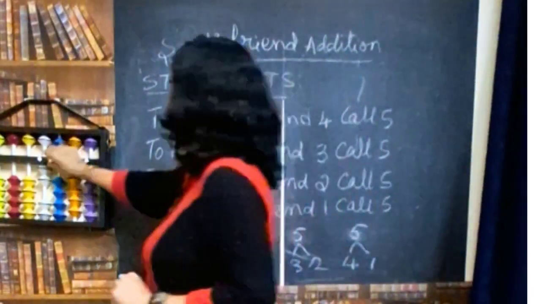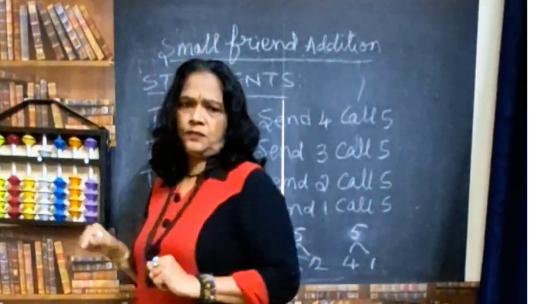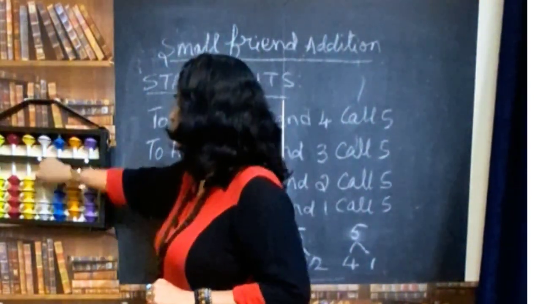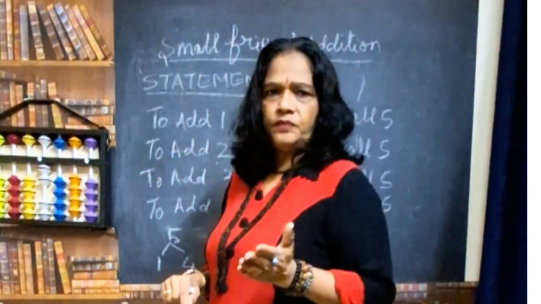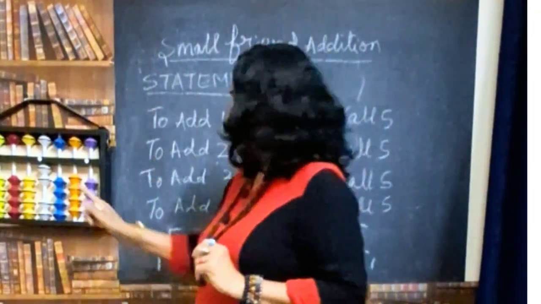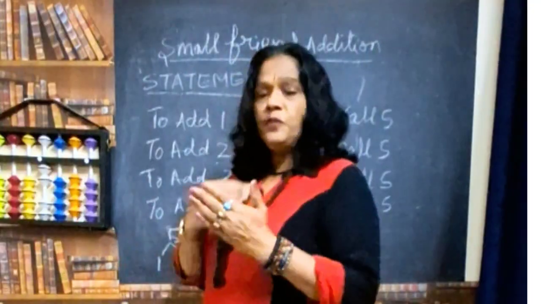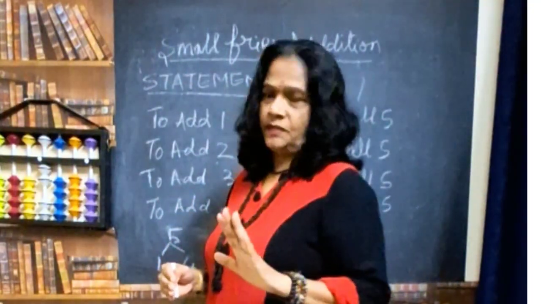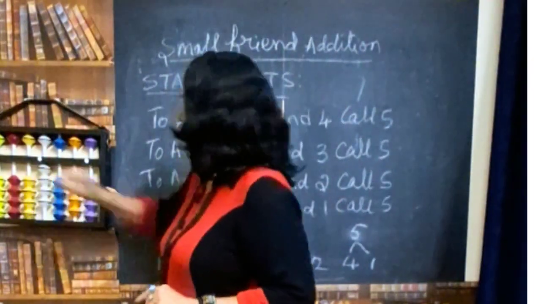Send 2 beads away from the divider, call the upper bead. Suppose there is 2 on the abacus, add 2. Should we use the statement again? Not necessary, because 2 beads are already there. We use the statement only when there are no beads. So to add 2, yes, you can add it directly.